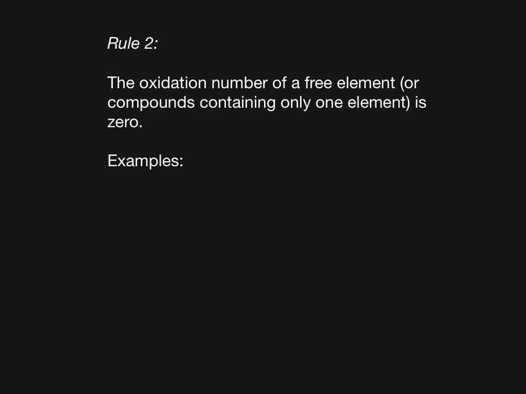The second rule of oxidation numbers is that the oxidation number of a free element, or another way of saying a free element is a compound containing only one element, is 0. So a couple of examples of this. Let's just take an example of a free element and then a compound with only one element in it. So let's just say that I have pure iron.